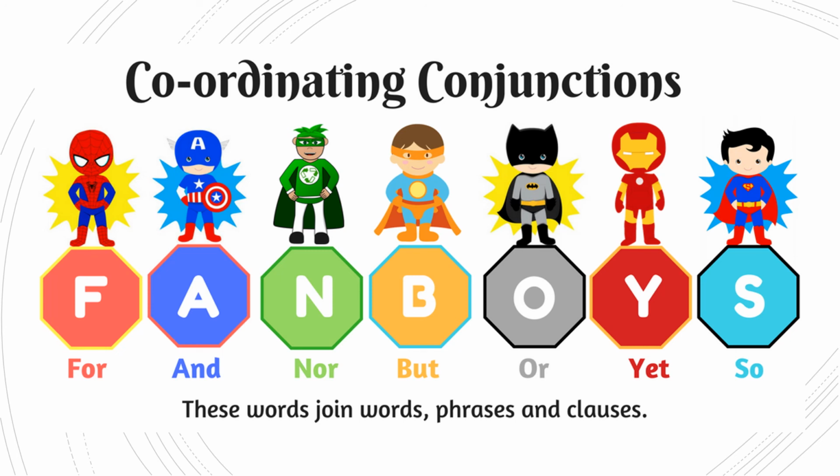But now conjunctions are superheroes. So we call them the FANBOYS because these are examples of conjunctions that you can use: for, and, nor, but, or, yet, so. FANBOYS. These words join words, phrases, and clauses.